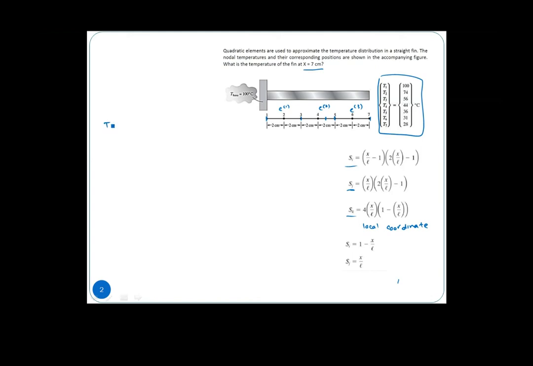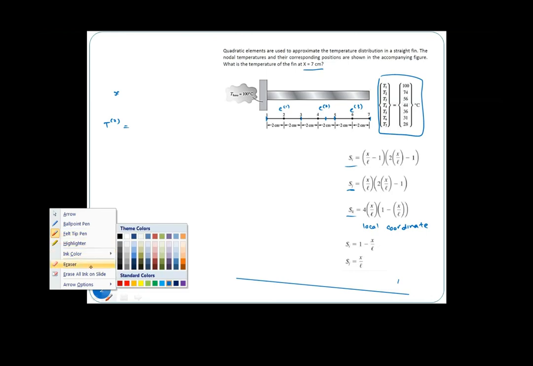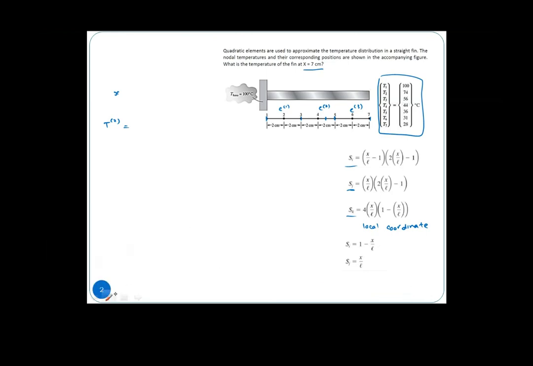So this T2 itself, and our x here is 2 plus 1, which is 3, and our L here is 4 cm.